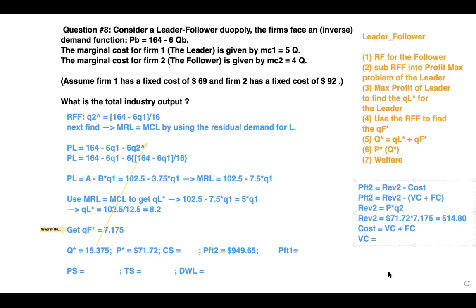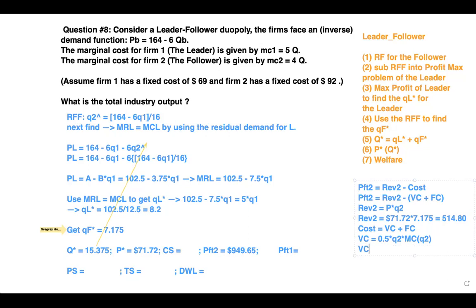So we use the triangle formula: 1/2 times the base, which is the quantity produced by firm 2, times the height of the marginal cost function at that quantity, MC at Q2.